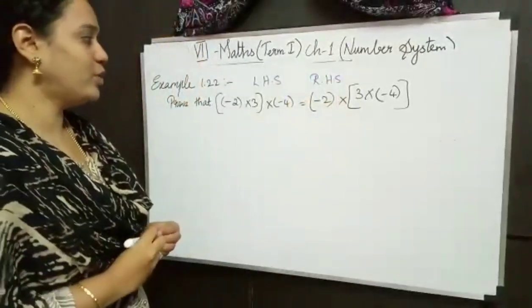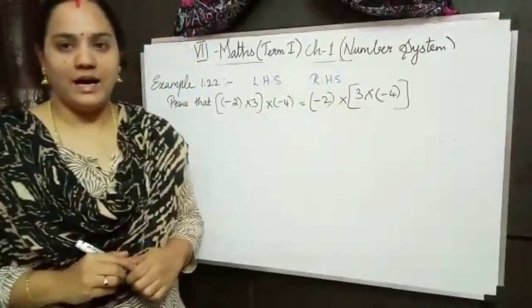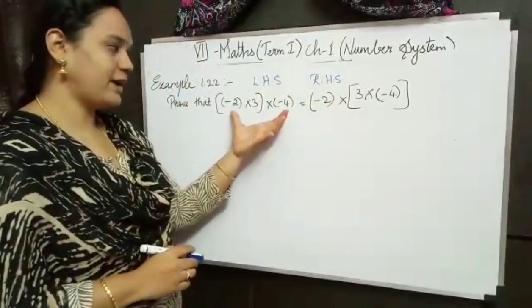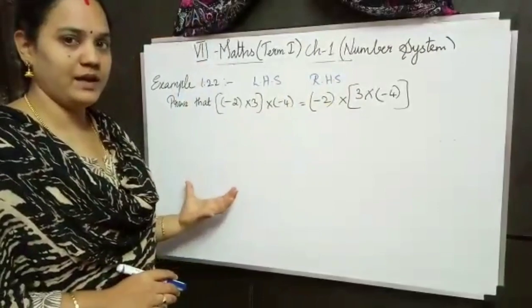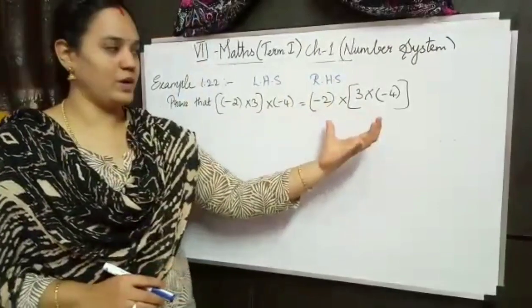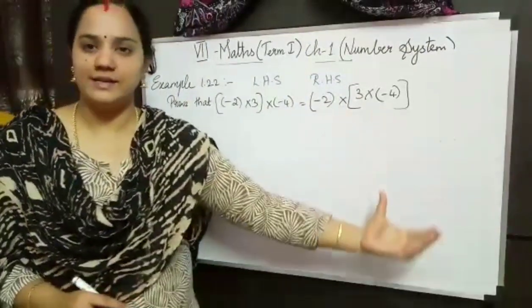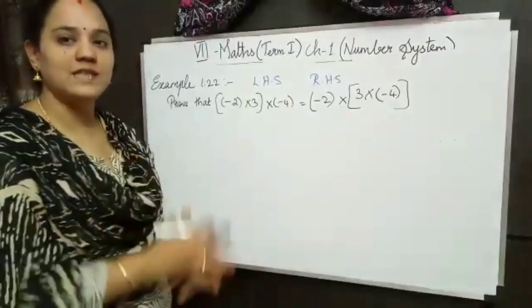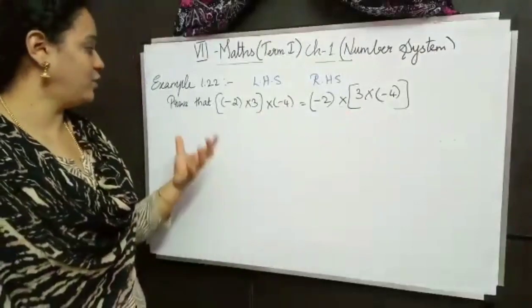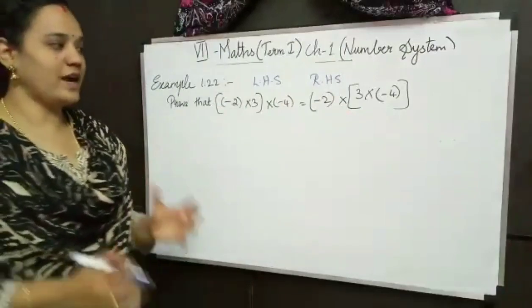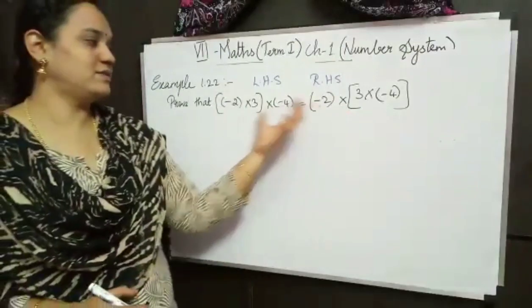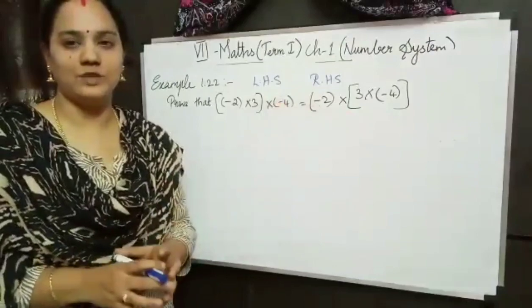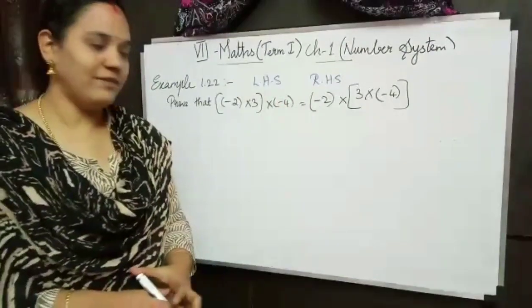So here we have to prove LHS is equal to RHS. LHS is a separate expression, we can take it separately, and RHS is a separate expression. We have to take it separately and solve both the things separately, and we have to find out whether it is equal or not. But here they told us to prove. So we have to say whether this expression is equal to that expression or not. Is it clear? So shall we do it now?